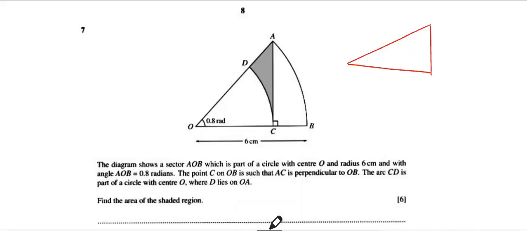According to the given information, this is A, and we can call this angle AOC. This is 0.8 rad, right? So we can look at cosine of this angle.